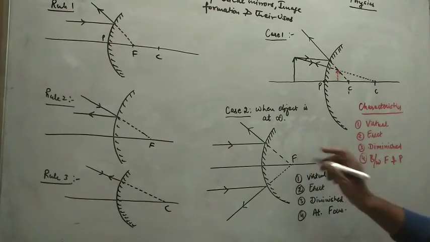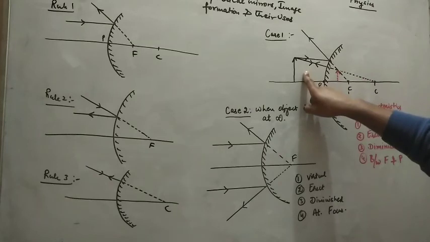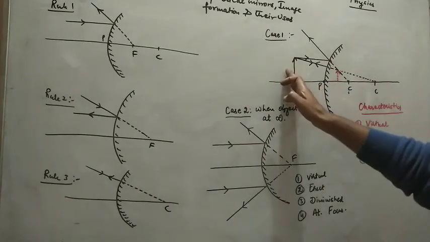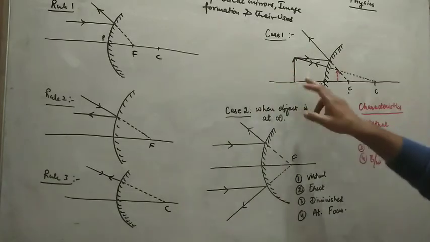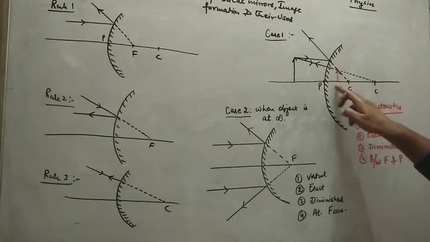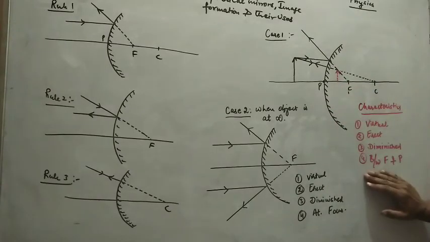But it is forming virtually, because it is not forming with the actual intersection of the rays. So for a number of positions, you can take somewhere at a greater distance than this, then also it will form between pole and focus. Characteristics will remain the same, right?